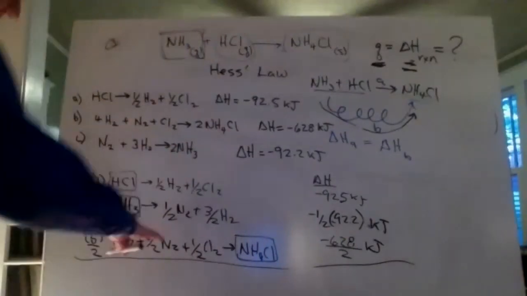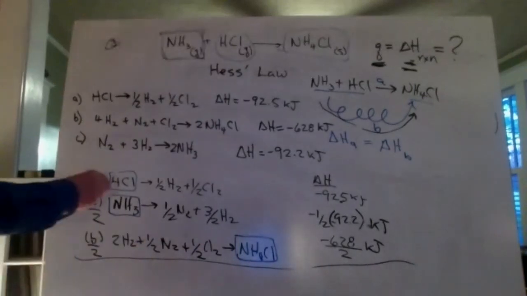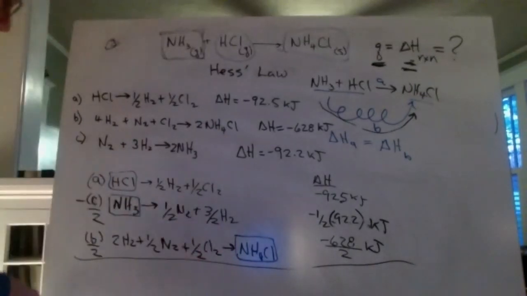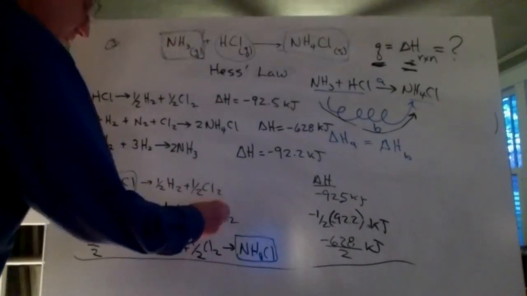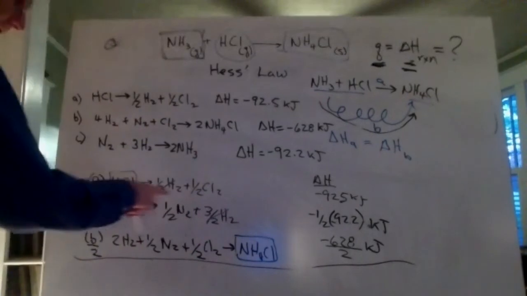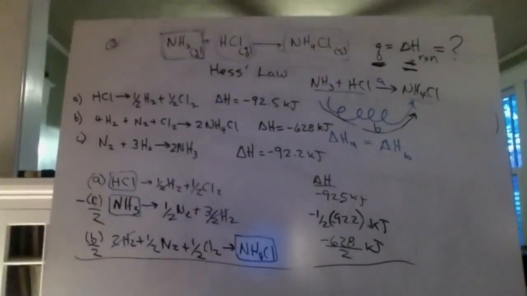These are kilojoules. Now, the last step is to simply add up these 3 reactions. And you cancel everything that cancels, and the only thing you'll be left with are these circled items. Notice we have 1/2 H2 plus 3/2 H2 on the right side of the reaction arrow, and we have 2H2 on the left-hand side, so those cancel.